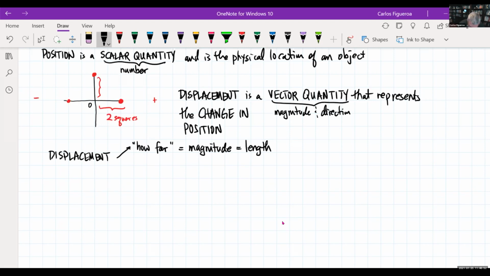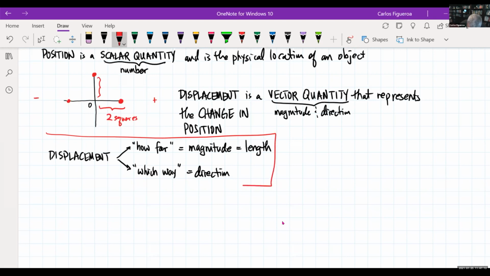And the other piece of displacement is which way did the position change? And when you look at which way the position changed, what this is really telling me is the direction. So when I say the word displacement, that's what I mean by that right there.